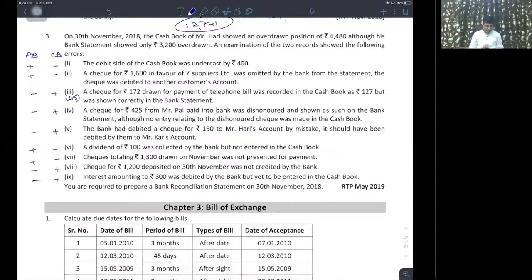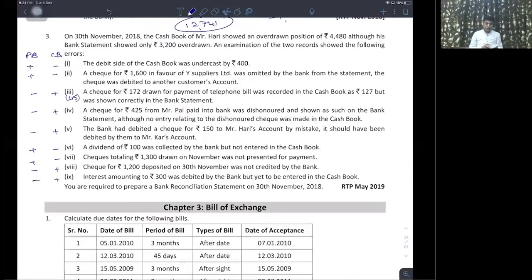Now if your starting point is the cash book: 4480 minus 400 minus 1600 plus 45 plus 425 plus 150 minus 100 minus 1300 plus 1200 plus 300, that is 3,200 as the overdraft as per passbook. Am I right?